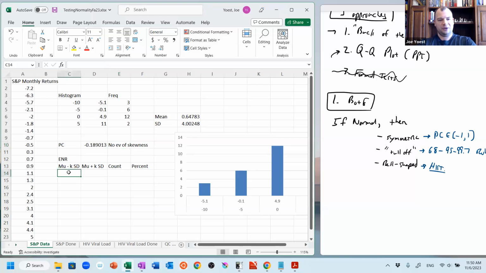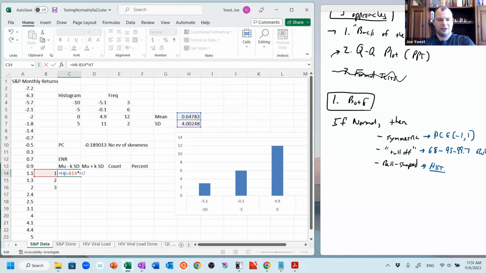And then let's check the empirical normal rule. So for the different standard deviations, 1, 2, or 3 standard deviations, what's the mean minus 1 standard deviation? That's mean minus this many standard deviations.